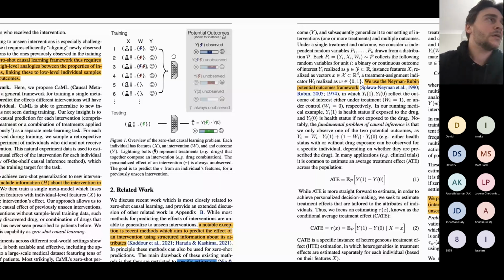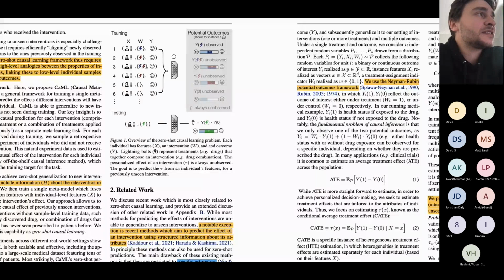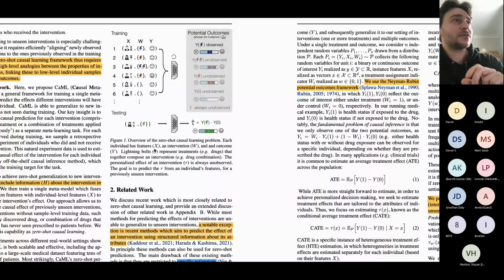So basically, I think the simplest approach to this problem would be that you have some feature vector X for each individual. For each data point in your data set, you have some patient vector X or some individual vector X, and then you have some treatment description vector, because they have that as well.